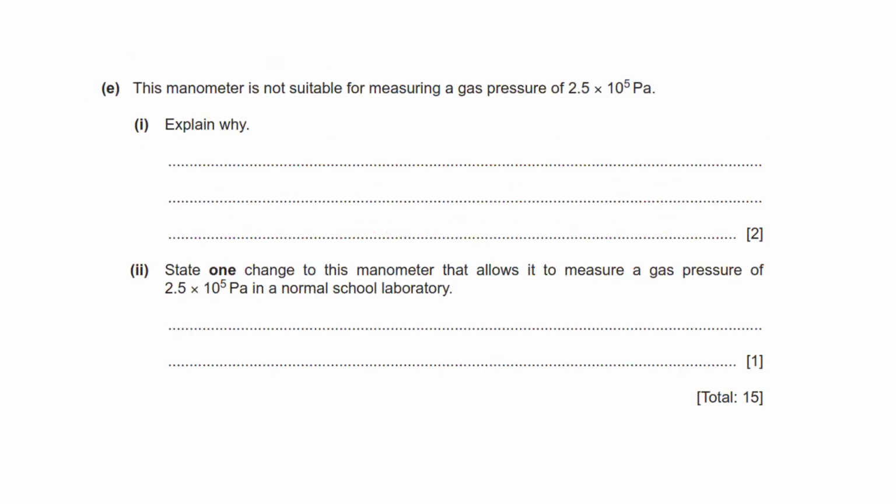So again, let's write it here. The pressure of gas it can measure is atmospheric pressure plus rho g h, and rho g h is limited by h max. h max is 100 centimeters, equal to 1 meter. So the maximum pressure of gas it can measure with this column length is 2 into 10 to the power 5 pascals, and beyond that there is no more length of water available to us.